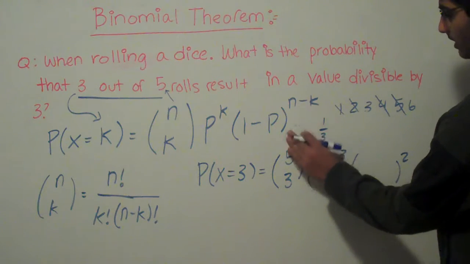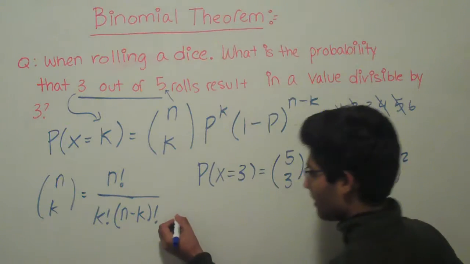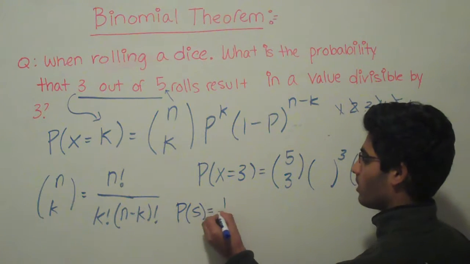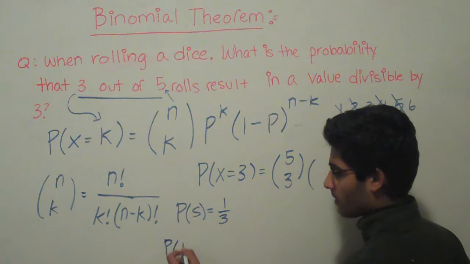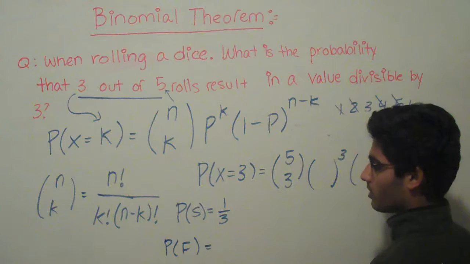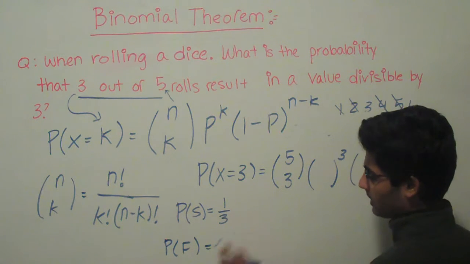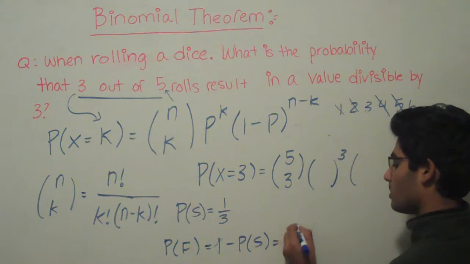So let's write this over here. Let's actually move to a different spot. The probability of a success, P of S, is equal to 1/3. And that means the probability of a failure, which is 1 minus P of S, is equal to 2/3.